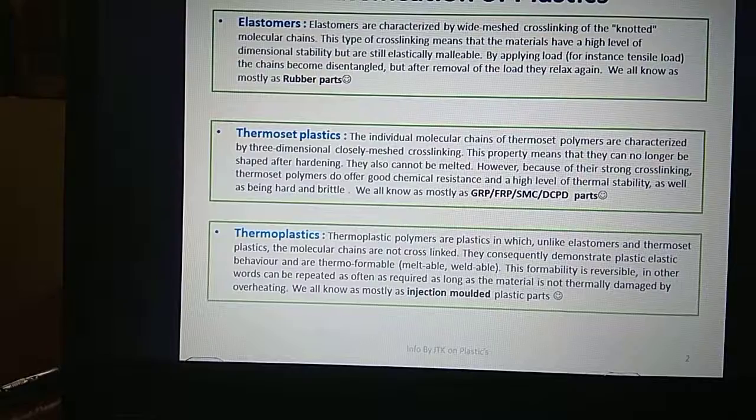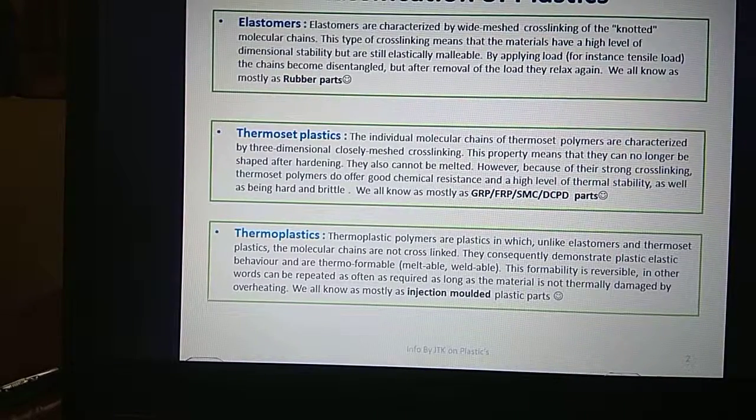However, because of their strong cross-linking, thermoset polymers do offer good chemical resistance and a high level of thermal stability. They are hard and brittle. We all know them mostly as GRP, FRP, SMC, DCPD parts.